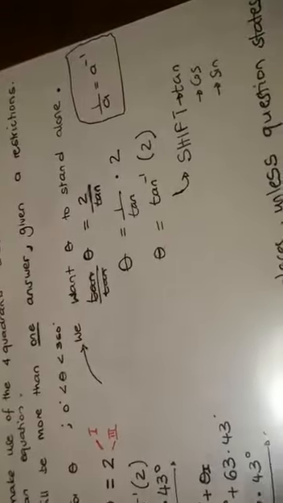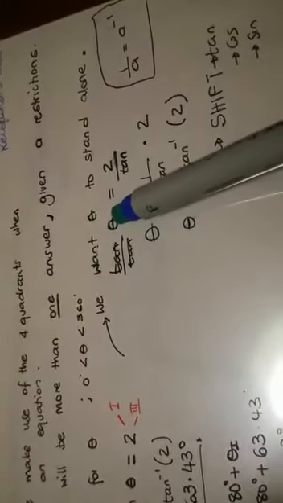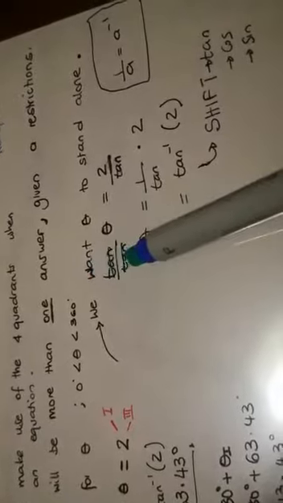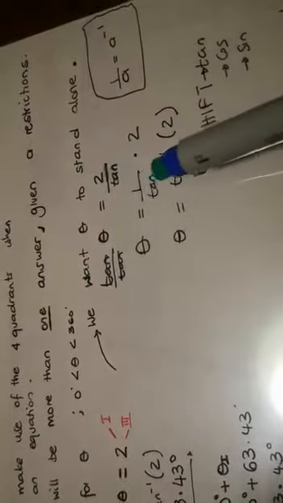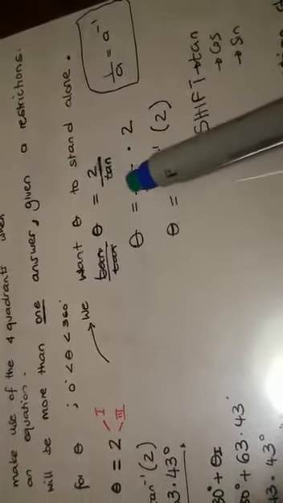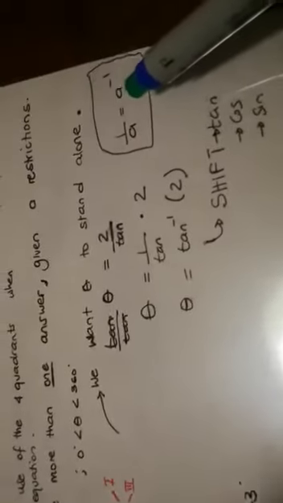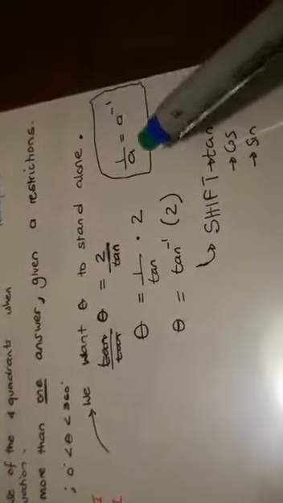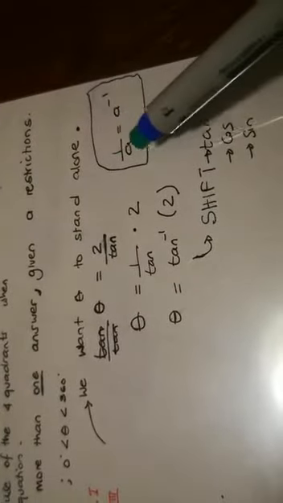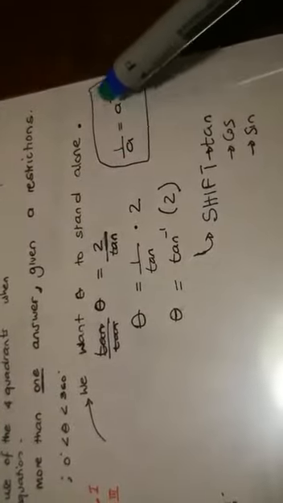Now, how do I find theta? It's like solving an equation such as 2x equals 4, where we want theta to stand alone. It's like dividing by tan on both sides, but we don't have this function on the calculator. If you remember your exponents, if I have 1 over a, I can write it as a to the power negative 1.